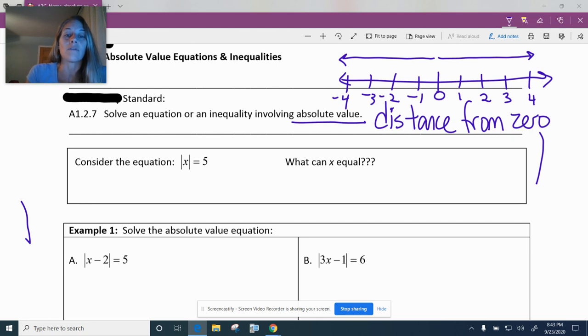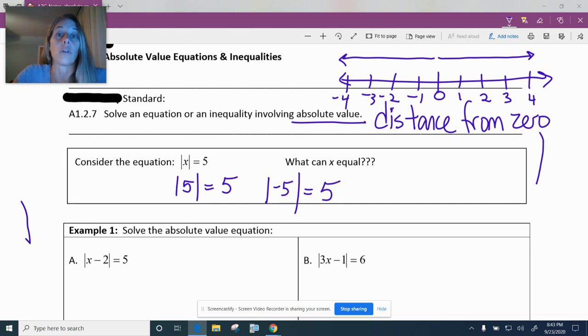So when we see absolute value, we're really asking, what numbers have a distance from zero that's 5? Of course there are two options. The number 5 has a distance of 5, and the number -5 also is 5 units away from zero, meaning it also has a distance of 5.